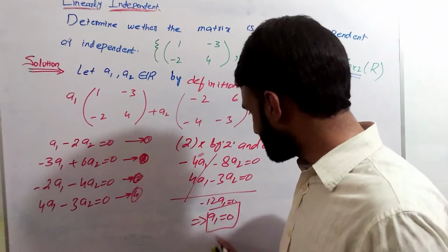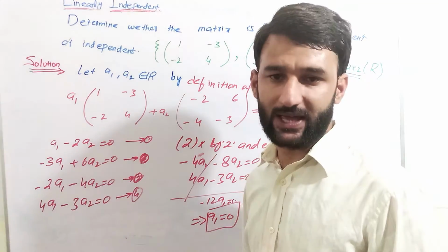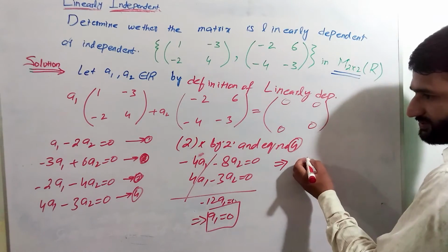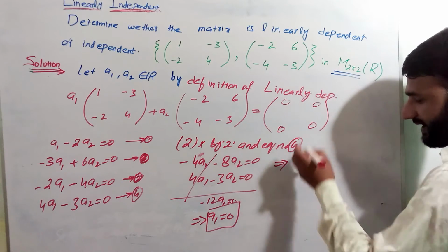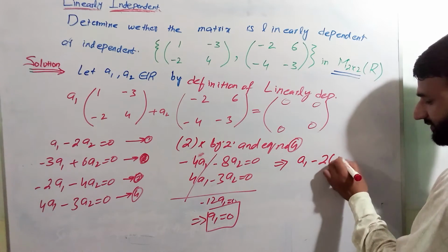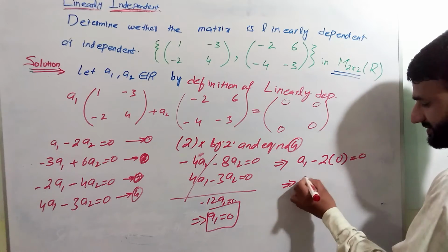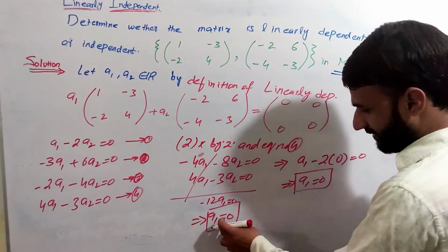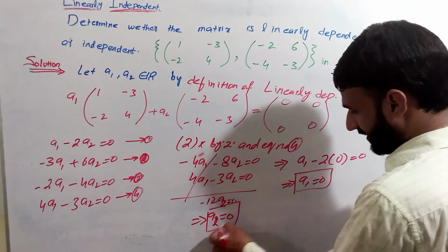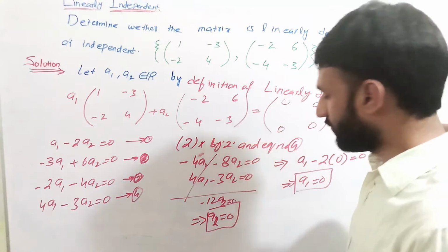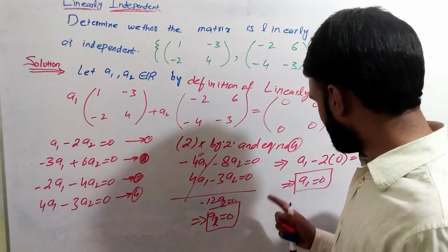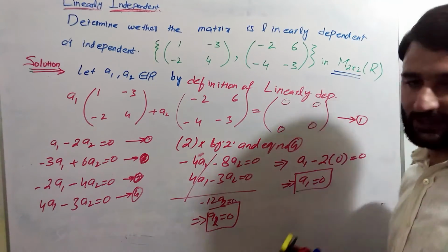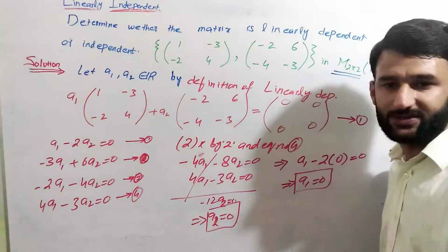If we put this value in any one of the equations, we can find the value of a2. Put the value in equation 2 or 3, or equation 1, and we easily find a2 is equal to 0, and a1 is equal to 0. If we put these values in equation 1, we get that the constant scalars are 0.